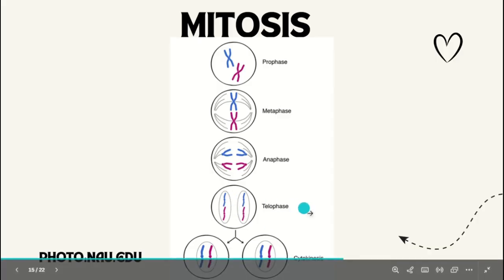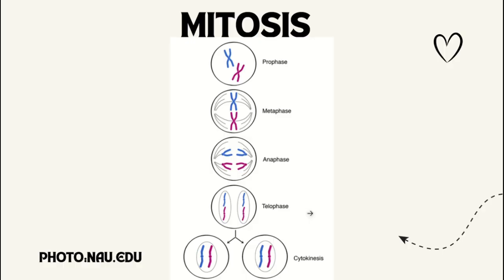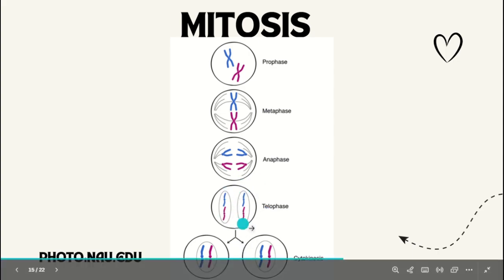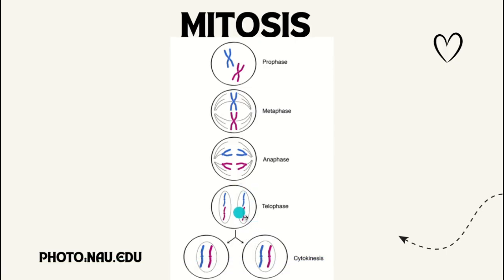And also in telophase, we have the nuclear membrane starting to build up. The circle around it is a nuclear membrane, right? And the chromosomes start becoming decondensed. As I said, this diagram is not the best diagram, but they become decondensed.